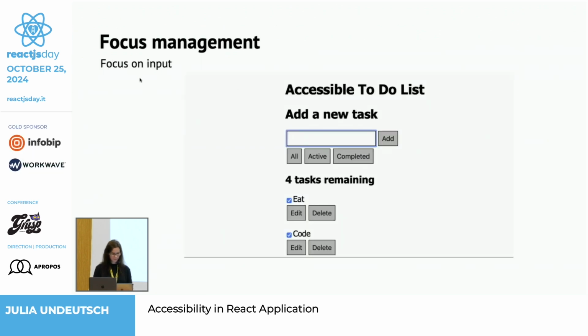In this example, I want to show you the focus on the input field. It's very simple. You write something in the input field, another element gets added, and hitting enter on the input field, this is how it could look and how the focus stays.